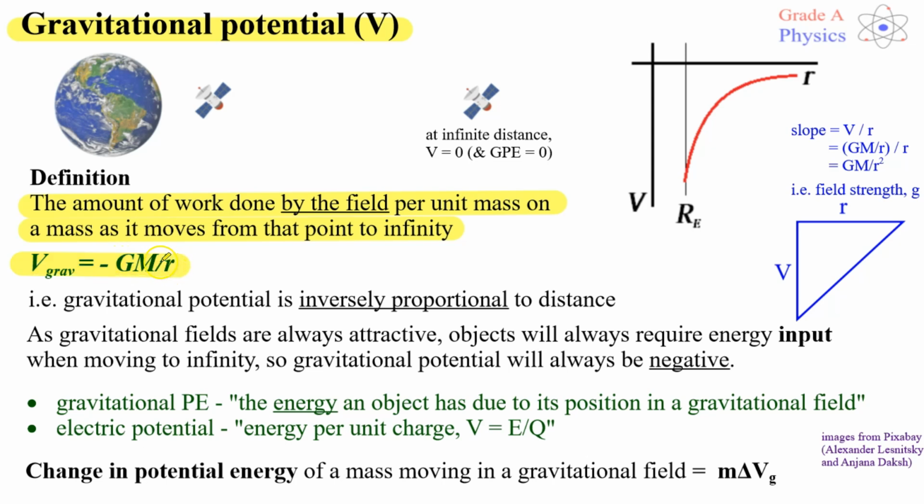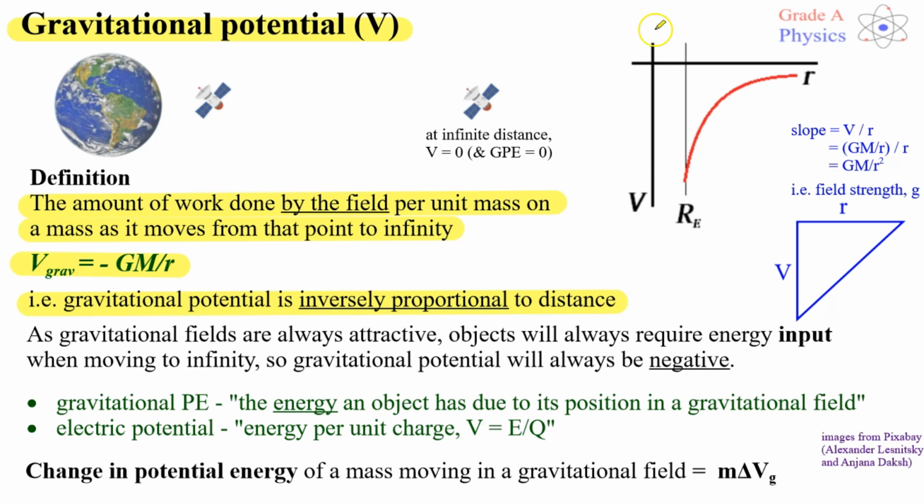Okay, so it looks very similar to our expression for little g, but that was divided by r squared. Now we could derive where this comes from, and we'll look at that later on. But the key thing to realize here is it's not an inverse square relationship, it's inverse proportional. So gravitational potential is inversely proportional to distance.